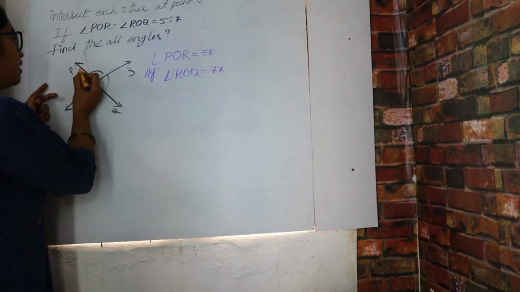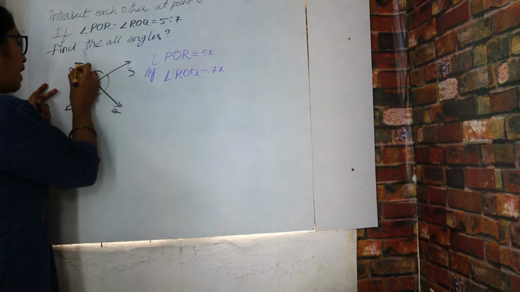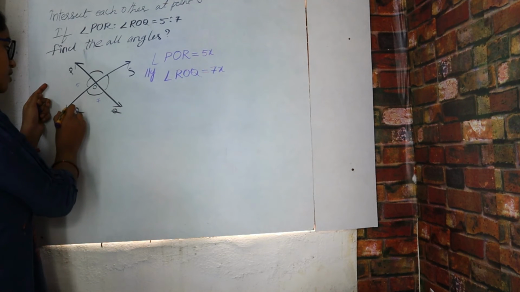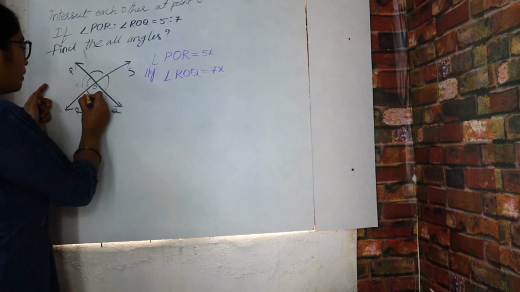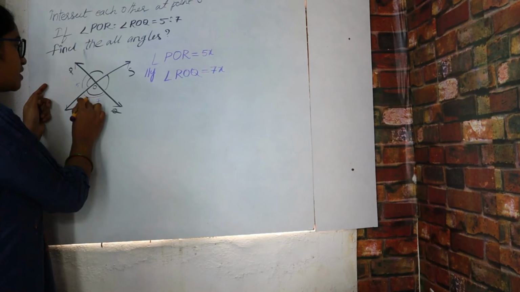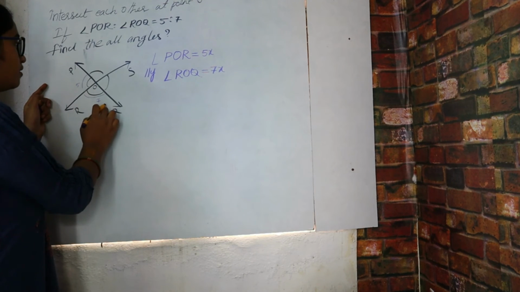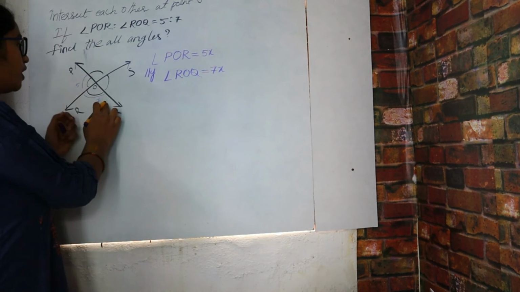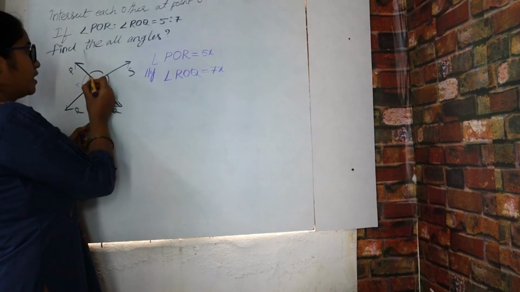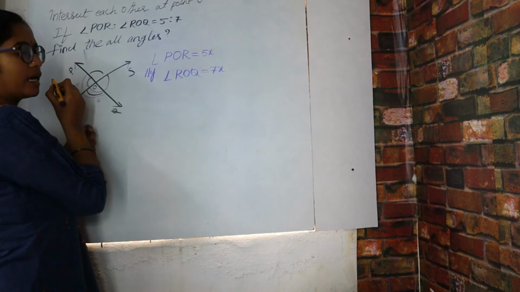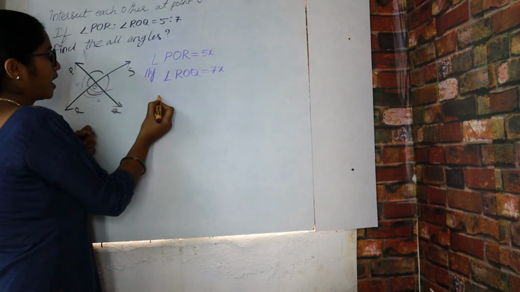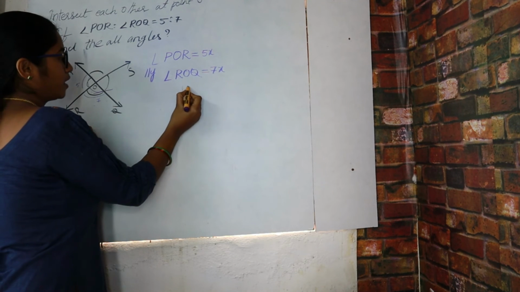Can you see PQ? Angle POR as well as angle ROQ, adding up these angles gives the straight line POQ. It is a straight line. At the center of this line, the angle is 180 degrees.